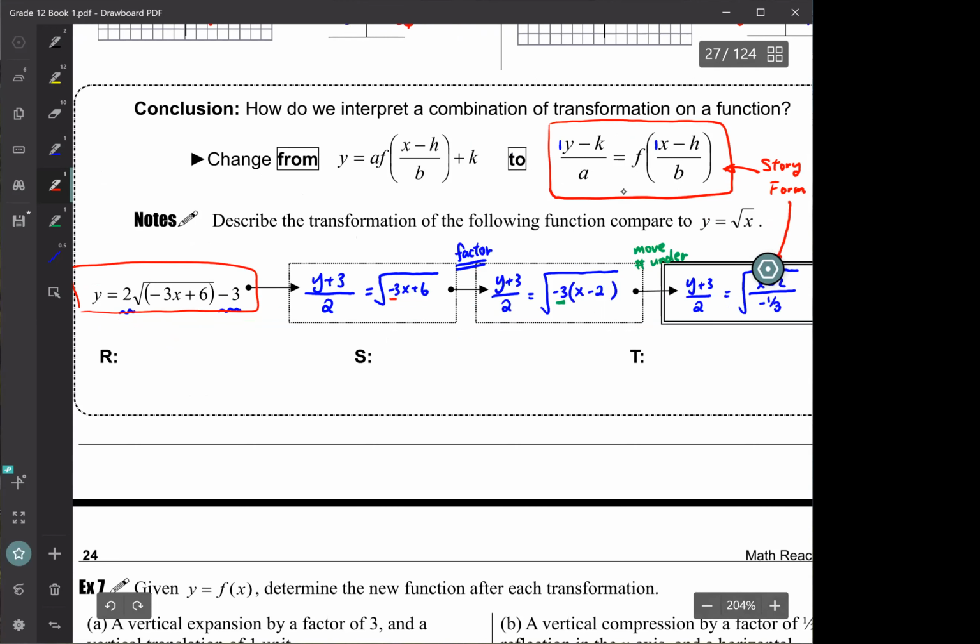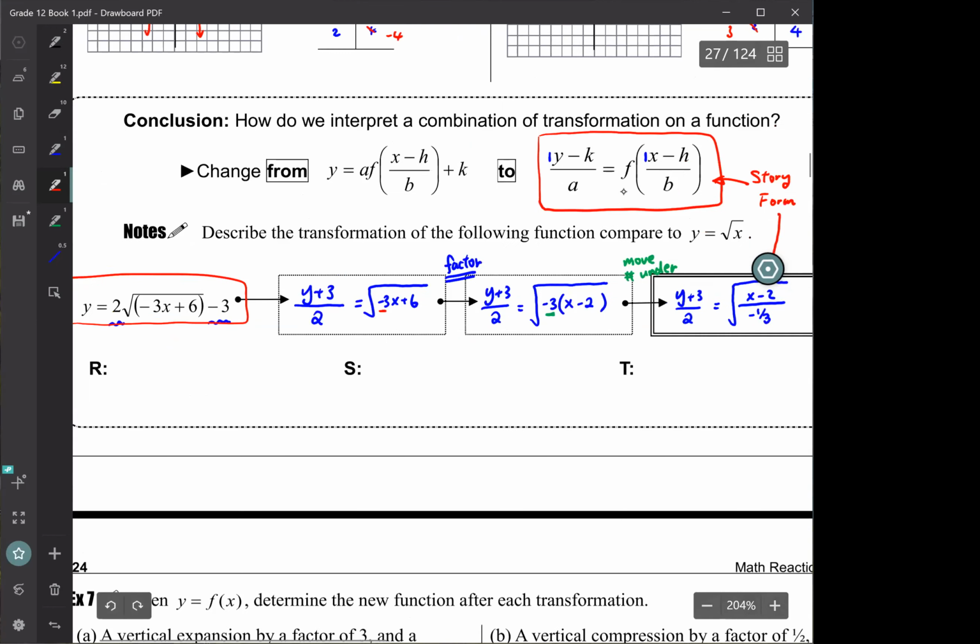Okay, so let's go to the story now. Please write out the story. Look at the form, think about RST. Once you finish the story, please raise your hand.